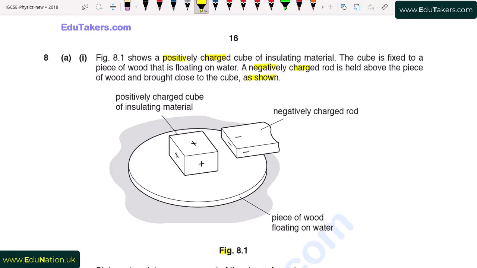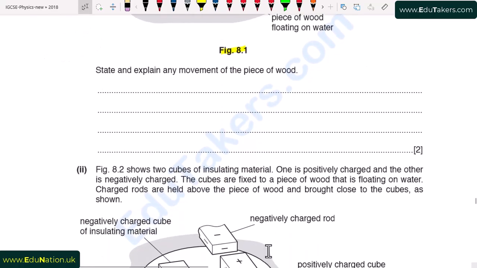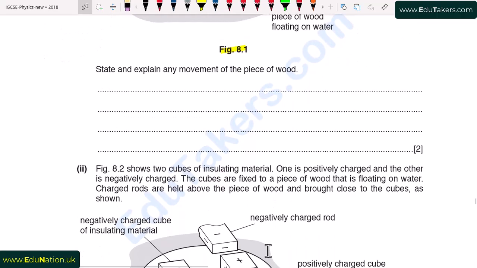So here is the figure 8.1 and this is a cube that is positively charged, and this is a negatively charged rod that is placed above the piece of wood and it is brought close to the wood. State and explain any movement of the piece of wood.